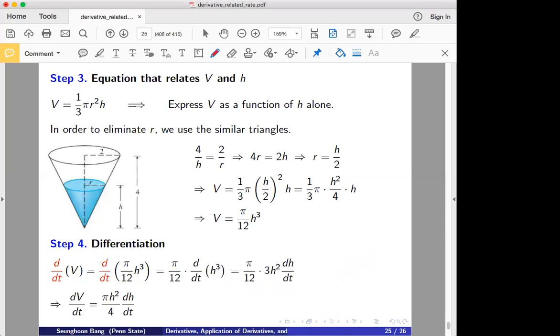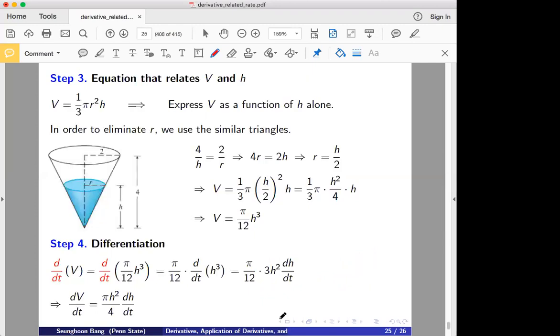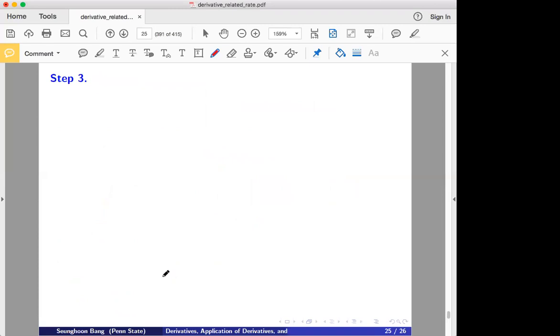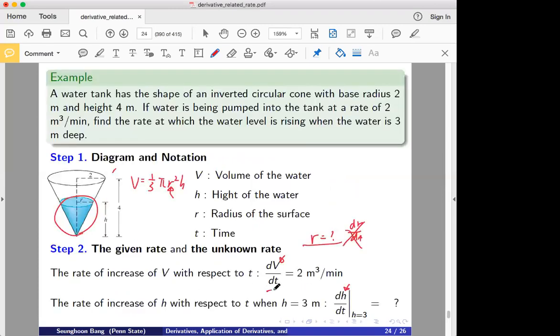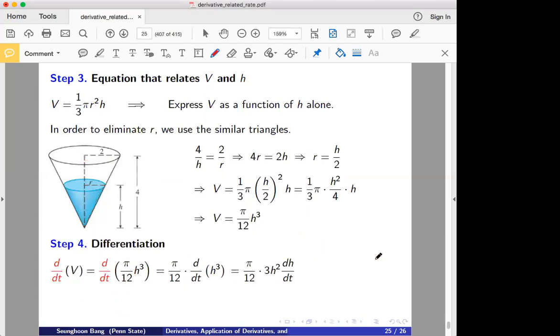Last step, substitute and solve the equation for dH/dt. Here, the given information is from step 2: dV/dt is 2 cubic meters per minute, h equals 3.